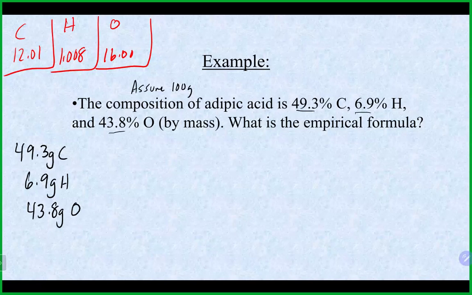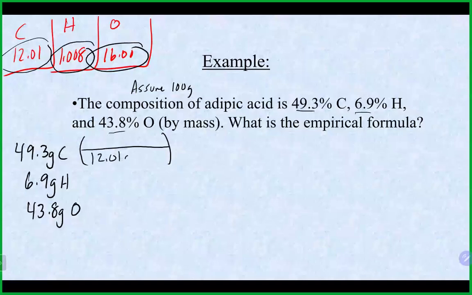The next thing we want to do now that we have the grams of everybody is convert everybody into moles. So once again, that is where the molar mass is going to come into play for each of these elements. And again, from the periodic table is where we could get that. We definitely want grams on the bottom so that they cancel and we're left with moles. So carbon is 12.01 grams per mole.